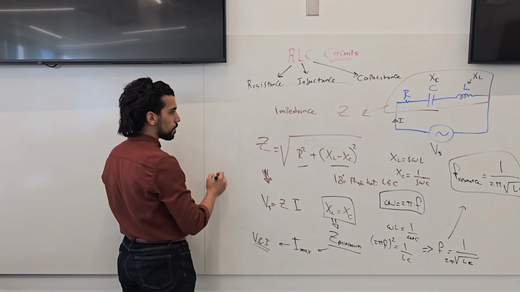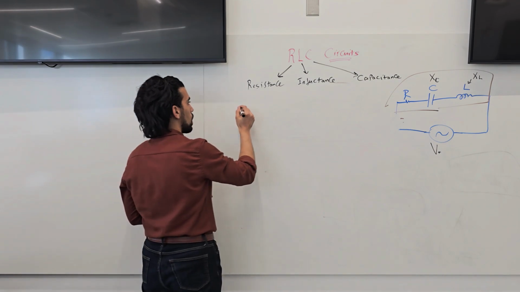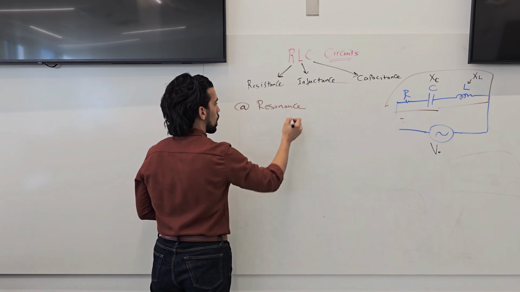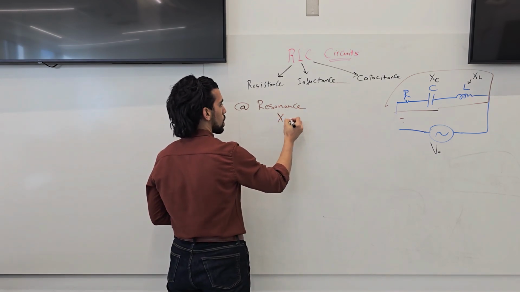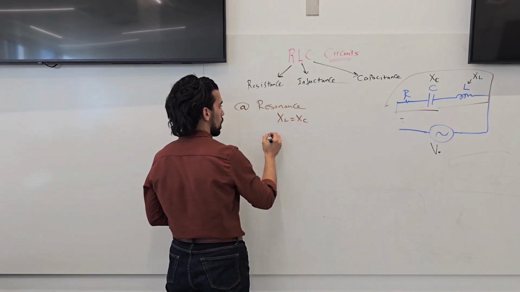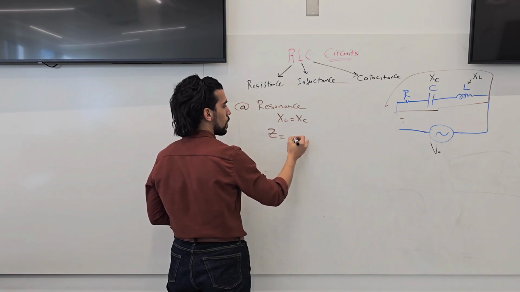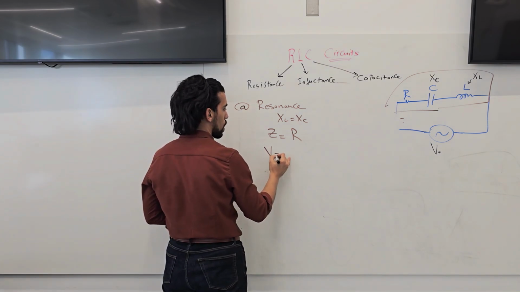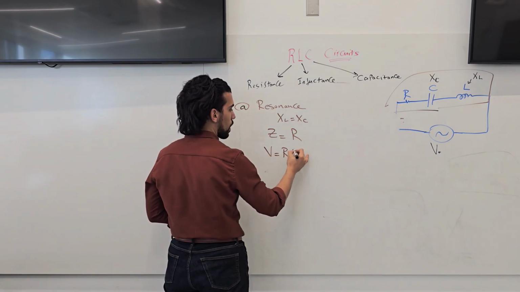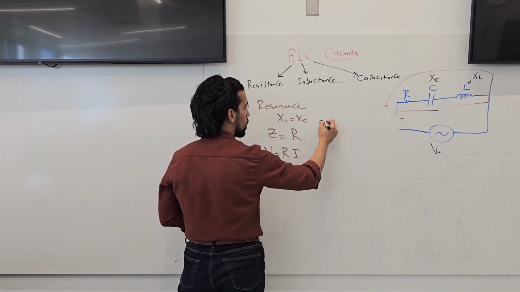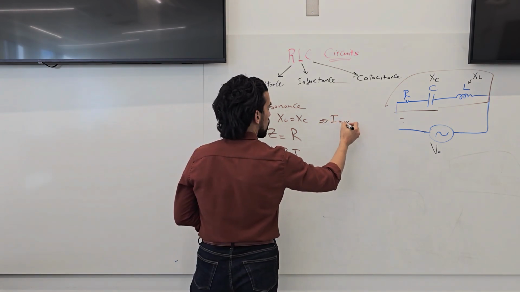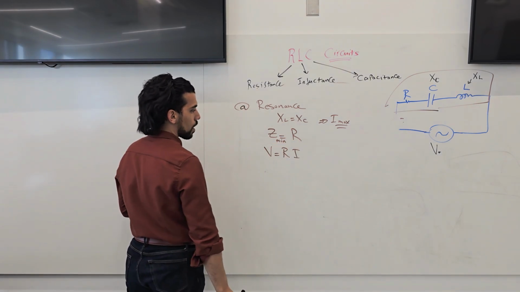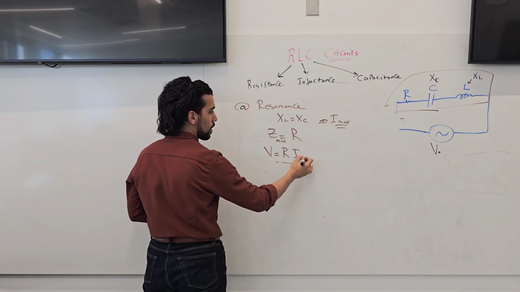And in this condition, at resonance, XL is equal to XC, Z is going to be equal to R, the resistance value, and the voltage is equal to R multiplied by I. In this case I is going to be maximum, and the impedance itself is going to be the minimum value, and the relationship here becomes linear.